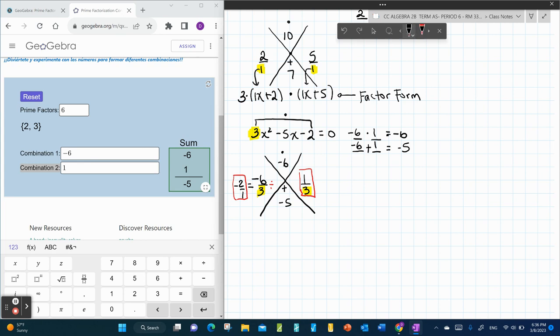Okay, let's start with the negative 2 over 1. This means I'm going to have 1x minus 2, just like normal. But now the 3 down here means that I'm going to have 3x plus 1. And now I do my typical steps. And this is what I claim is factor form.